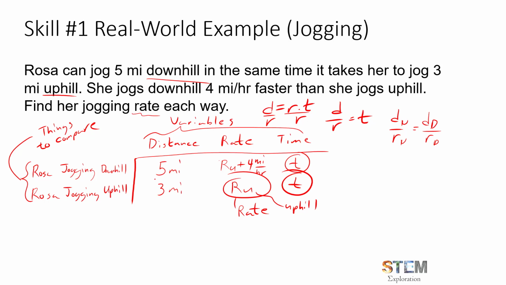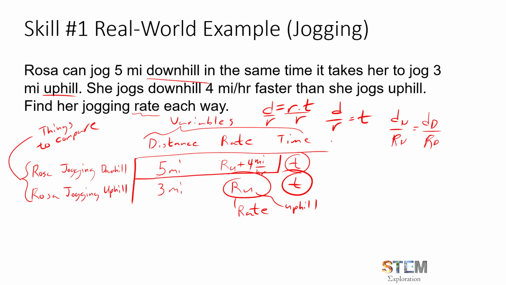So now let's go here, and I can see that this information here is of some value. So distance over rate gives me time. And what I'm going to say is that if I go the distance uphill over the rate uphill, that's what I have here. And I realize I should use capital R's here since I had capital R's in my given table.